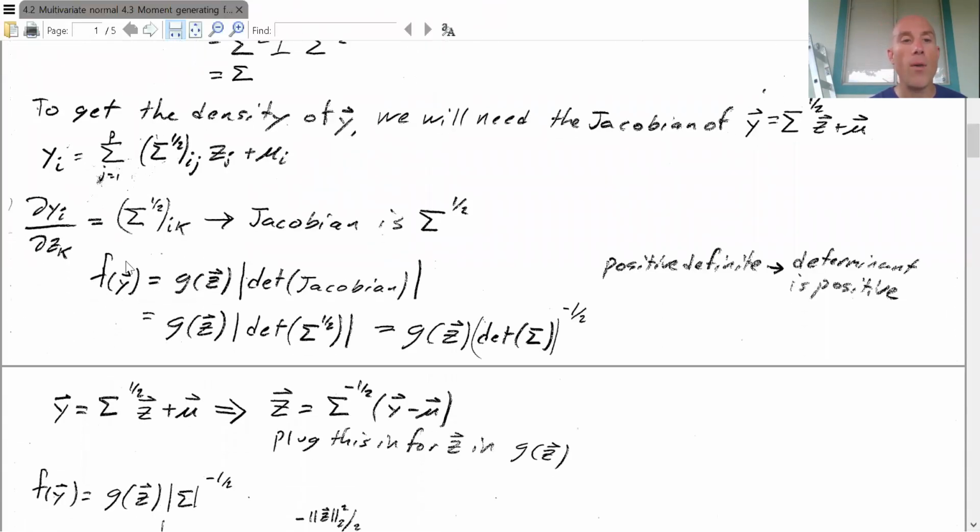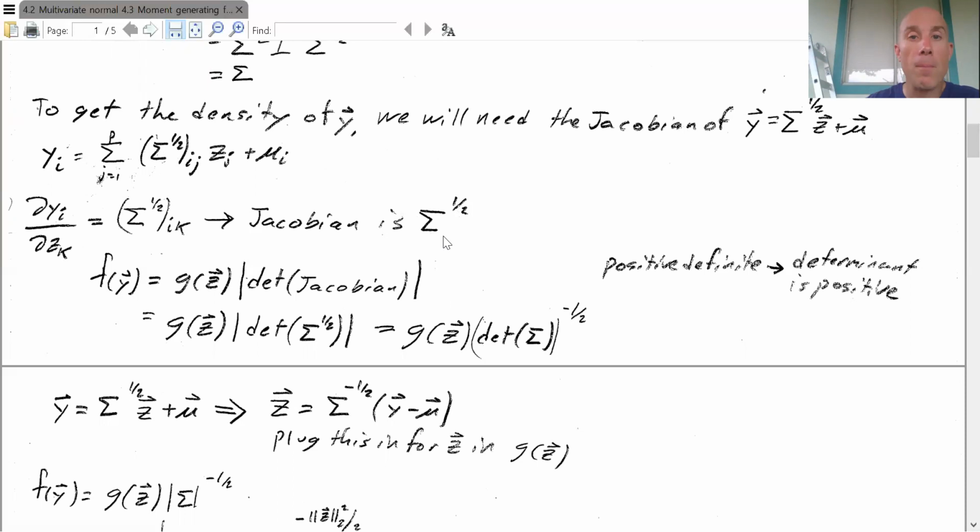If I want the density of Y, I know it's going to be the density of Z, but with a transform going on, so we're going to have to transform back in a moment, times the absolute value of the determinant of the Jacobian. Remember that sigma is positive definite. Since it's positive definite, all the eigenvalues of sigma are positive.